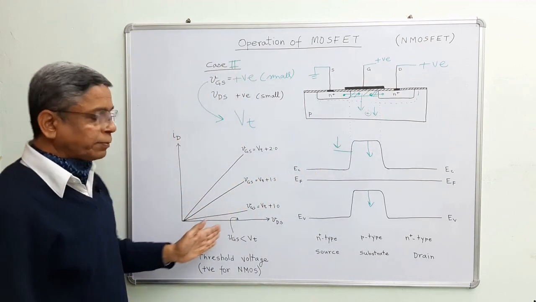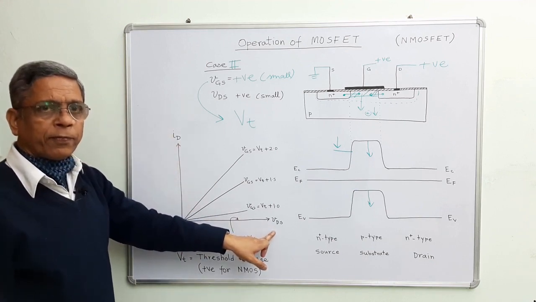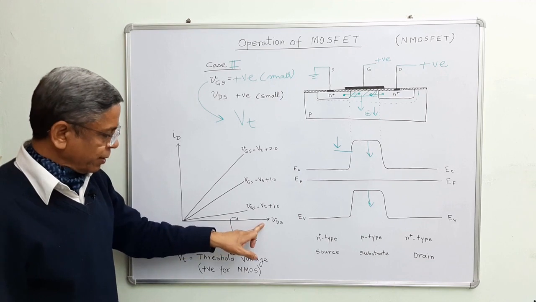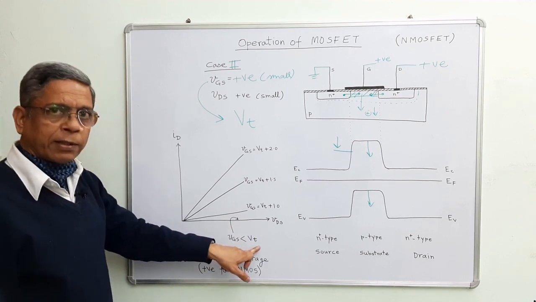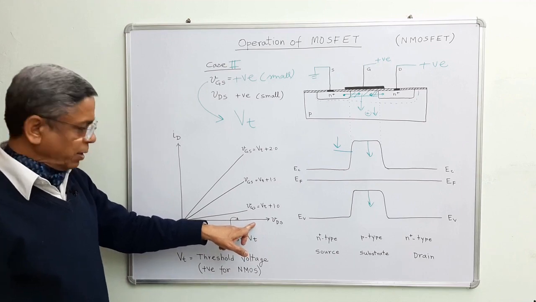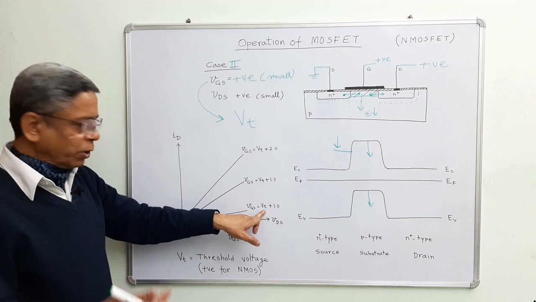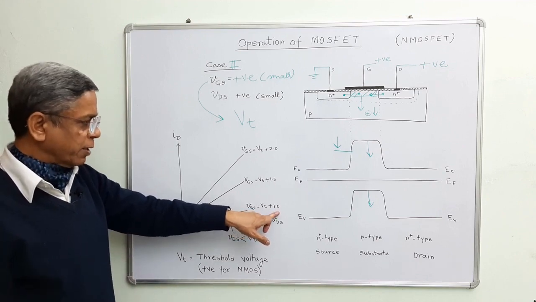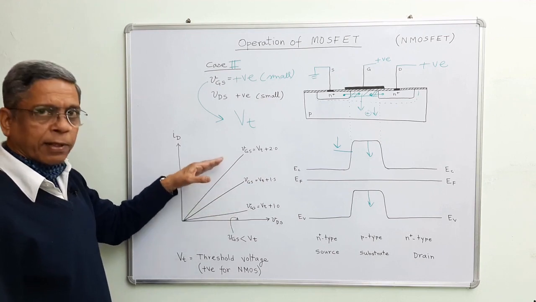And this is the diagram for current. This is the current ID and application of VDS. This horizontal axis is the case when VGS is far less than VT, that means there is no conducting channel. The moment we apply more voltage, much more than VT, for example 1.5, 2, we see current start increasing.